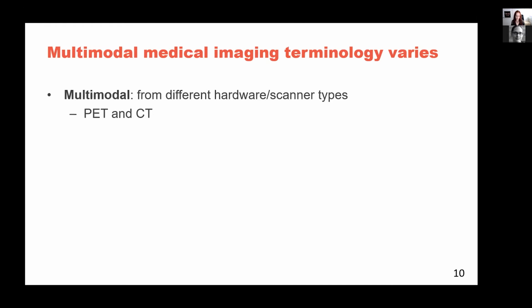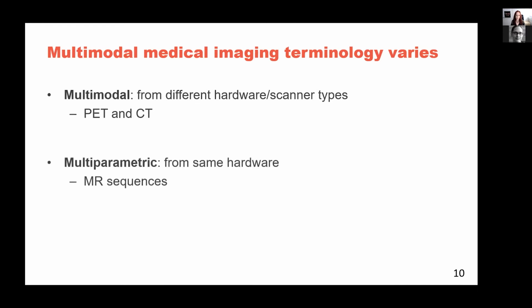An example of multimodal would be combining information from PET scans and CT scans. That would be multimodal because it's different scanners, even though they can also be in a single hybrid scanner, as I also said Monday, a PET CT scanner. This would still be different acquisition methods that are gathering different types of information. So this is often referred to as multimodal.